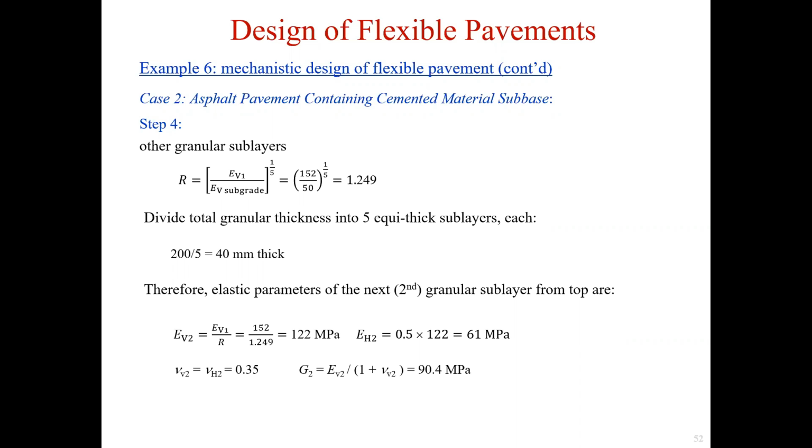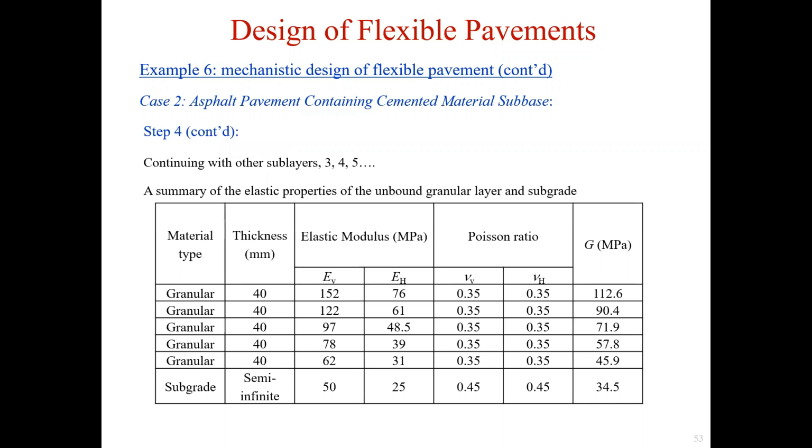Then we are able to calculate the elastic parameters, the modulus, the Poisson's ratio, and shear modulus of the second granular sublayer. We could repeat the procedure for the other sublayers. The below table is a summary of the elastic properties of the unbound granular sublayer and subgrade from step 2 to 4.